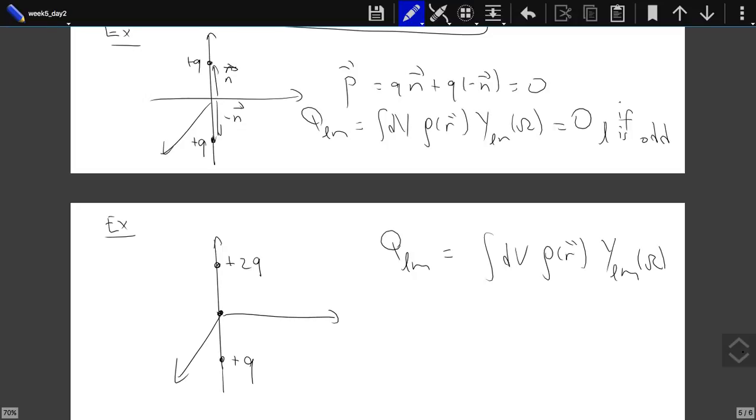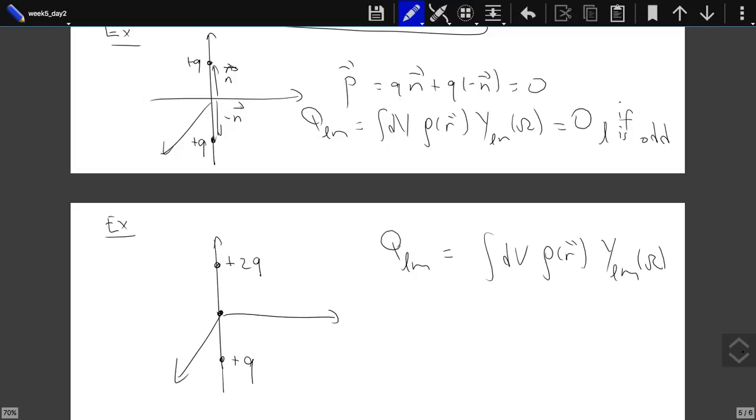Well, at least for the dipole moment, for L equal to 1, we had shown that it is 0 for all possible values of M. For L equal to 1. For all charge distributions or just for this?